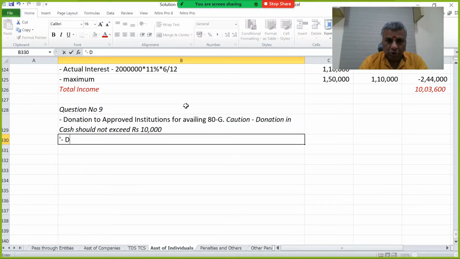Donation to scientific research or rural development, 80GGA, 100% allowed.